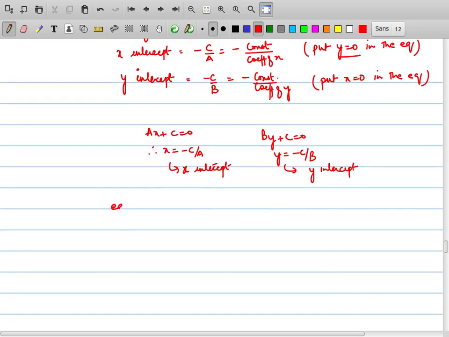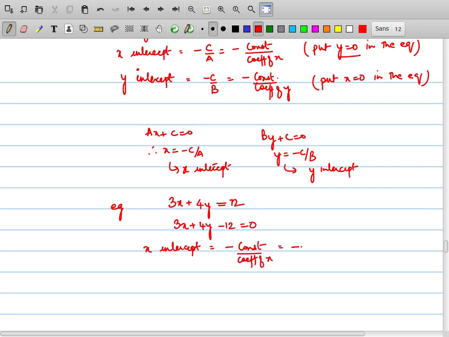Let's take an example on this. Let's say we have 3x plus 4y is equal to 12. So the first thing is bring all the terms to one side. Therefore we have 3x plus 4y minus 12 equals 0. And if we want to find out the x-intercept, what was our formula? Minus constant upon coefficient of x.